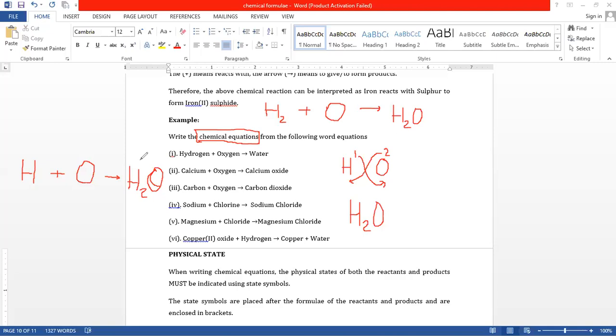Oxygen has a valence of 6. Before we write that, oxygen has a valence of 6.